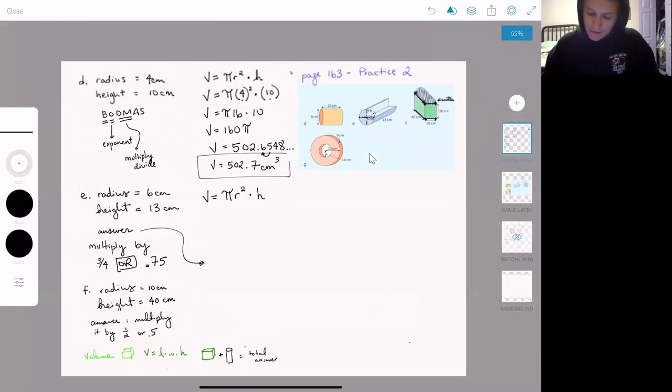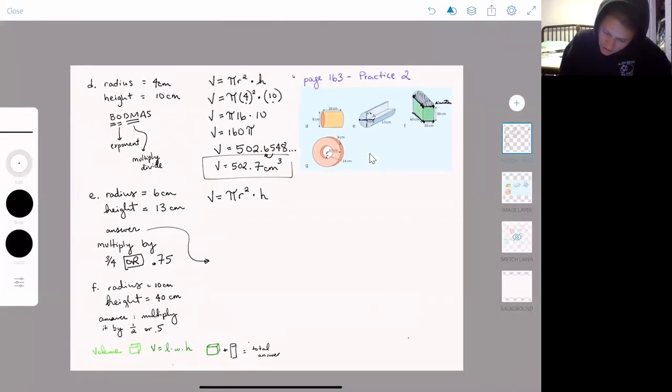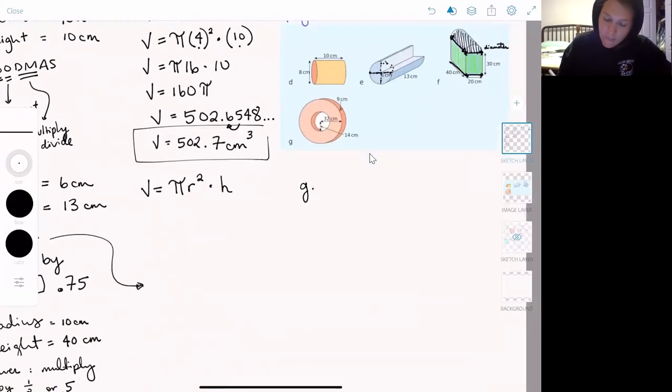Okay, and lastly, for G. Okay, so when I'm looking at G, I have two cylinders for this one. So for my large outside cylinder, my radius for this one is 32 centimeters.